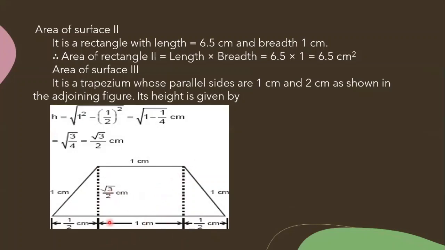When I draw two heights here, the entire base measurement is 2 centimeter. Since the opposite side is 1 centimeter, when I draw the perpendicular lines, the opposite side is also 1 centimeter. The remaining 1 centimeter I'll divide among these triangles as half and half. Any doubt?